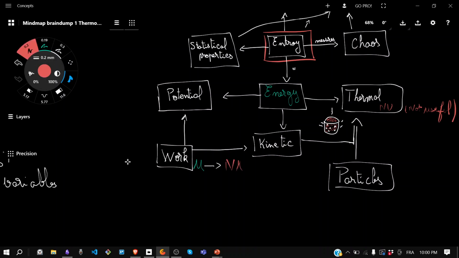Because you can go from U to U. For example, running up the stairs. If you are a perfect system with no energy leaks, you go from kinetic to potential. Then you drop down, gravity is doing the work, so still useful. But usually this is in a thermodynamic process, in a thermal energy transfer.